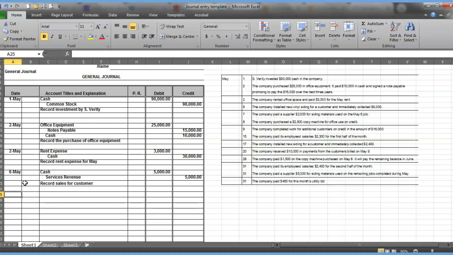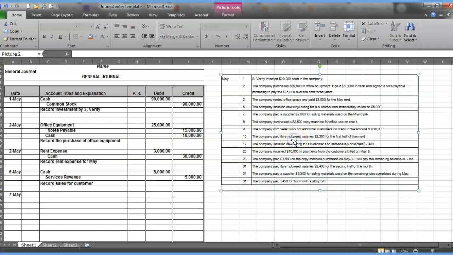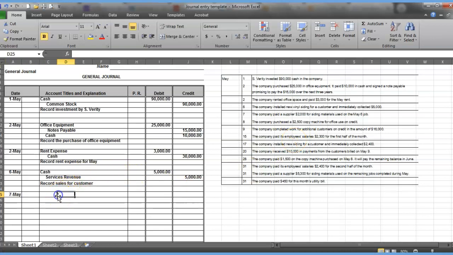Okay, now we're going to do the next entry. On the 7th, I believe, the company paid a supplier for siding materials used on the May 6th job. So I'm going to say 5/7 is my date, and we purchased siding. Now, in this case, we have to think about it a little bit more simply.